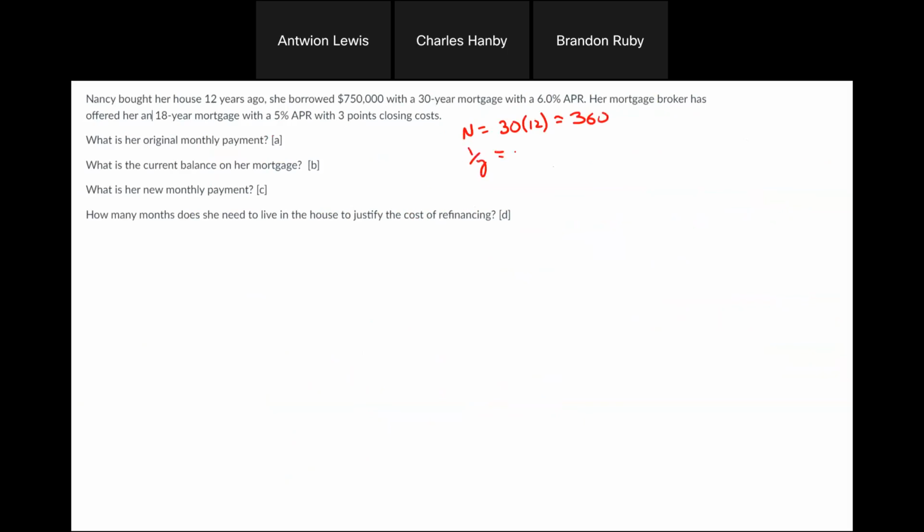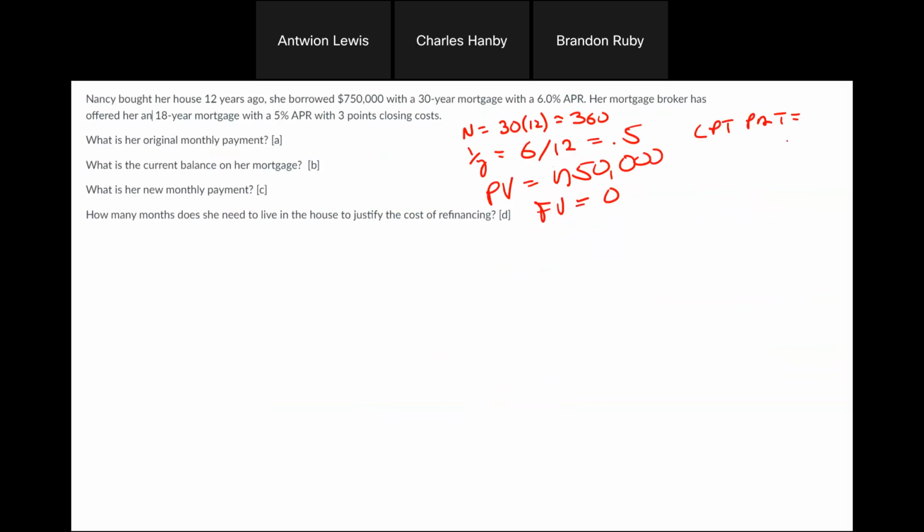I/Y is 6 divided by 12, that's 0.5. PV is the 750,000. PV stands for present value, if I didn't say that. And then compute payment.